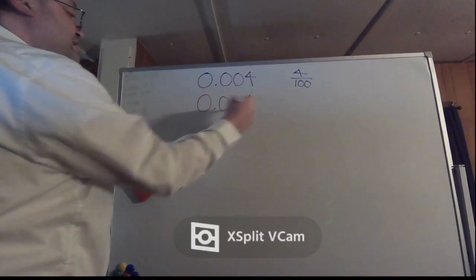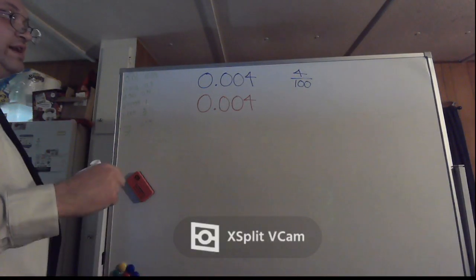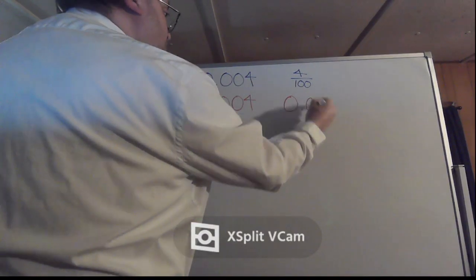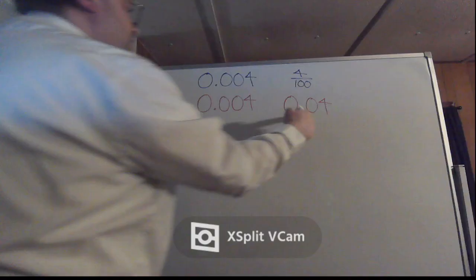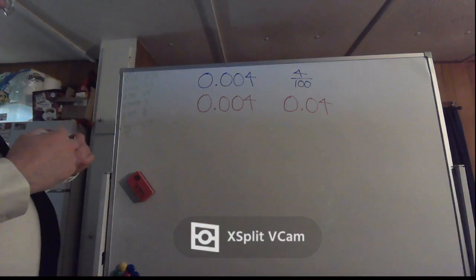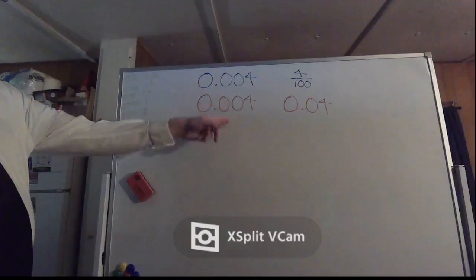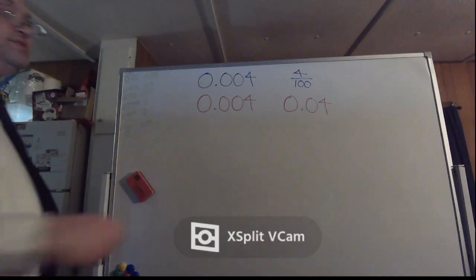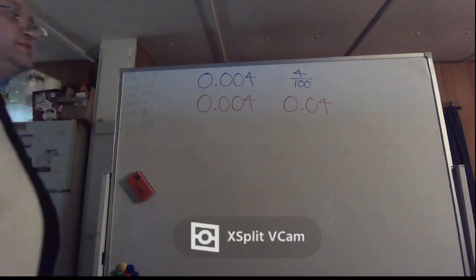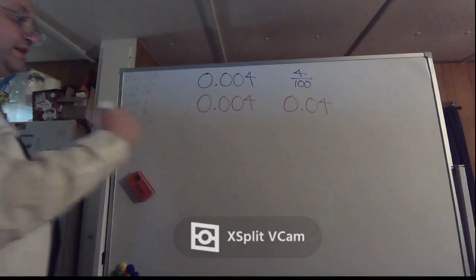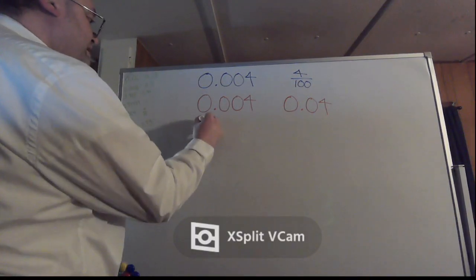We already have the decimal for the first one, which is 4 thousandths. 4 hundredths, if we remember right, is written as 0.04. That is 4 hundredths. However, the left number has 3 decimal places, the right number has 2 decimal places. Well, we want to convert the second one to having 3 decimal places.